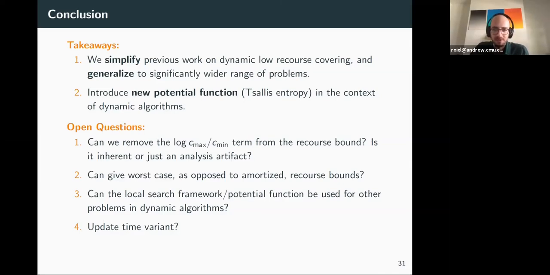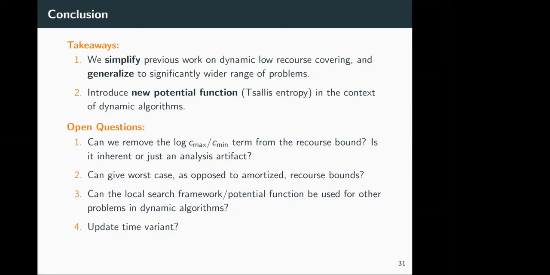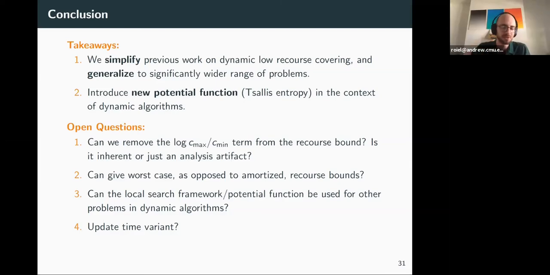I also don't remember the definition of Rényi entropy, but when we were doing this, we were surprised that this entropy even worked in the first place. So we threw the kitchen sink at it, and we tried Rényi entropy, and in fact we couldn't get anything to work with it, so it's not the same as Tsallis entropy is the short answer.